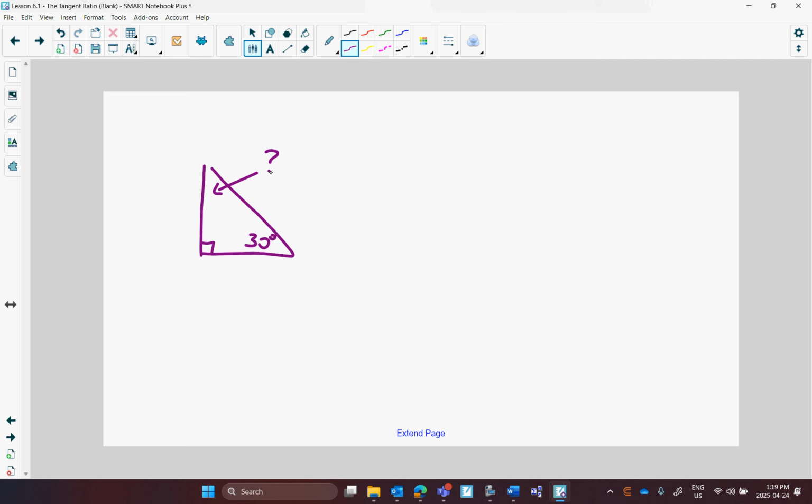Let's measure that angle. Triangles, the angles add up to one another. You should know that the sum of the three angles in any triangle always adds to 180. And this little symbol here, this half square, means a 90-degree angle.